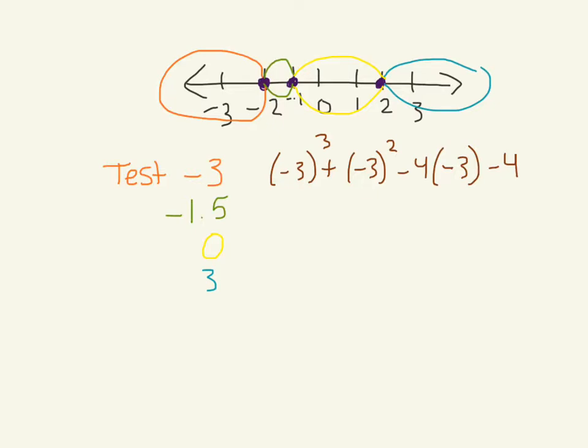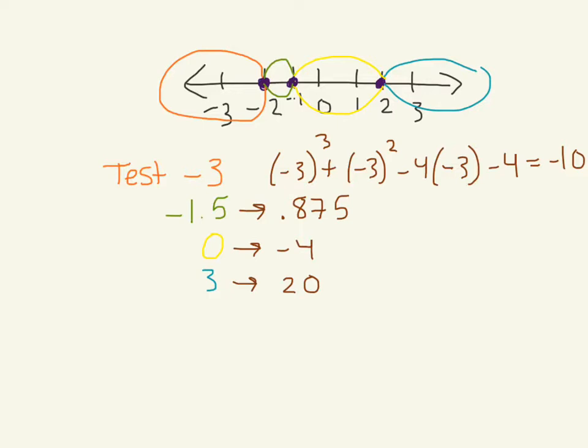When I test negative 3, I end up with negative 10. When I test negative 1.5, I get 0.875. When I test 0, I get negative 4. And when I test 3, I get 20.